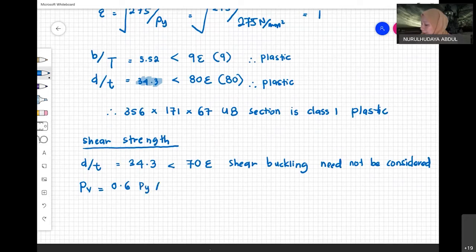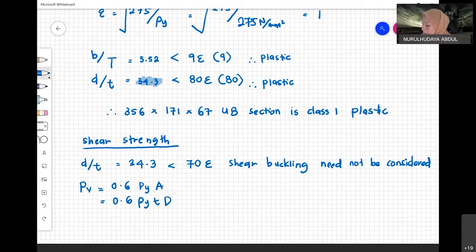PY and A. Here we know that kita just belajar up until roll I section, so A ni memang fix jadi TD lah, formula dia TD.